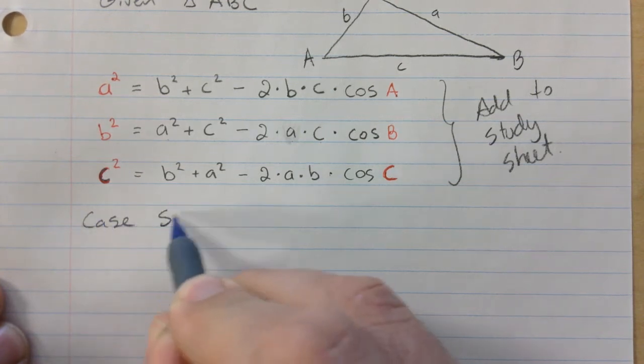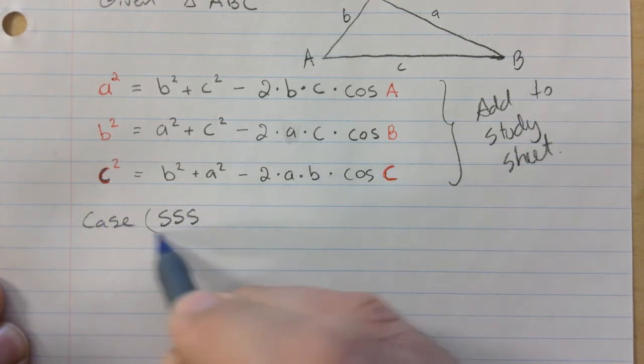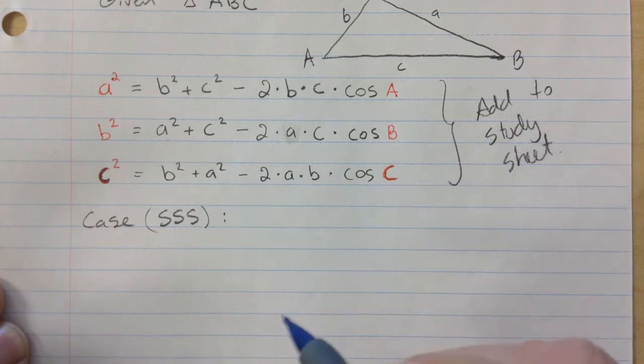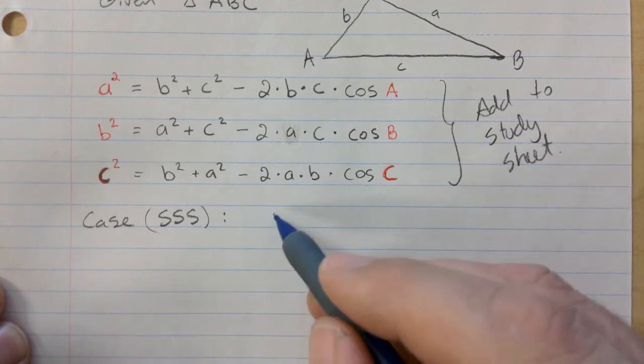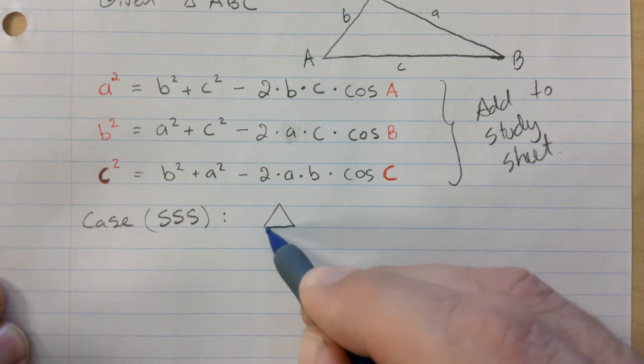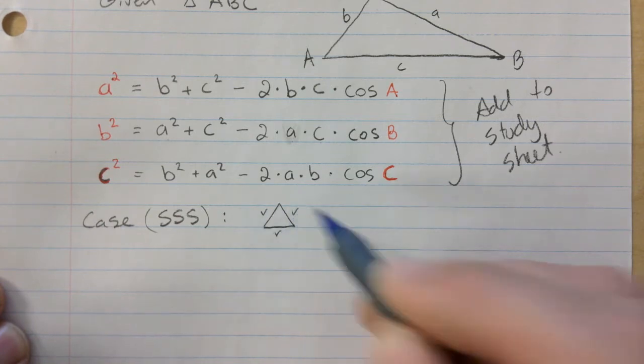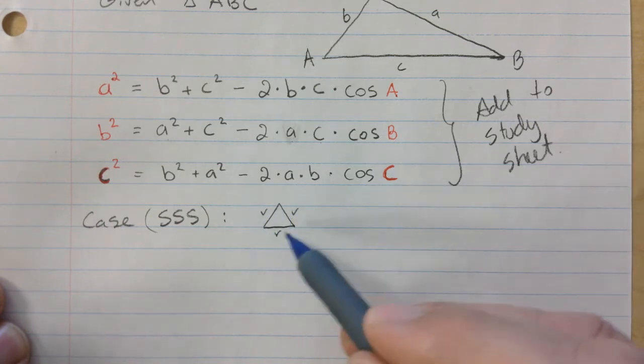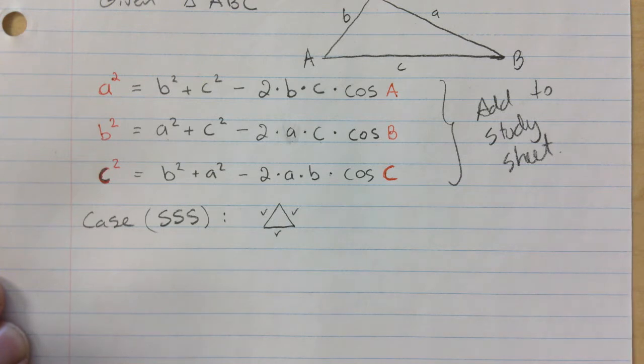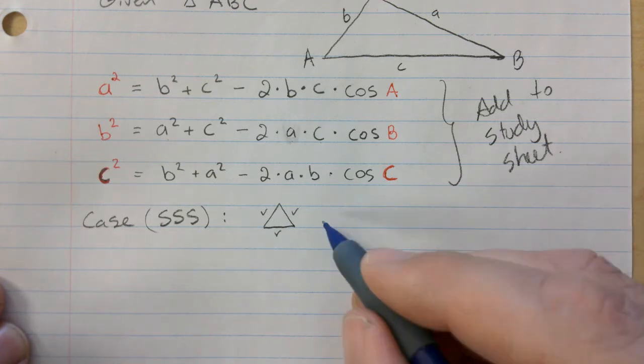Case where you have the three sides known, right? So this would be a triangle like this. If you think about it, if you know all three sides, all you have left is to find an angle.